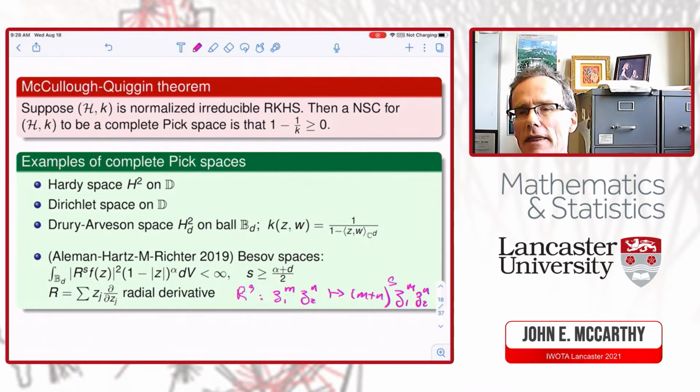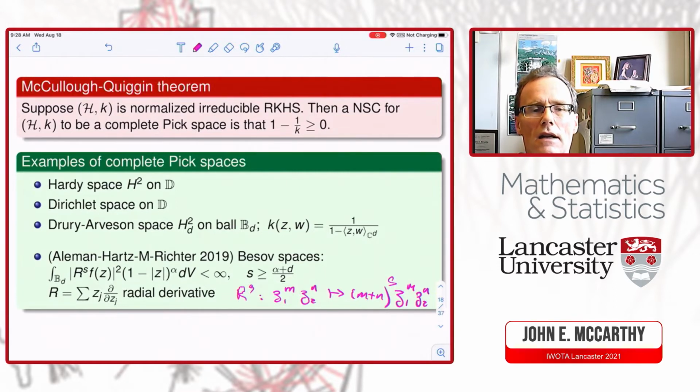In some sense, you can think of the Hardy space on the disk as, if you take the limit right, it corresponds to integrating against 1 minus modulus z to the minus 1 over the unit disk. The Dirichlet space, you take 1 derivative, so s is 1, alpha is 0, and d is 1.